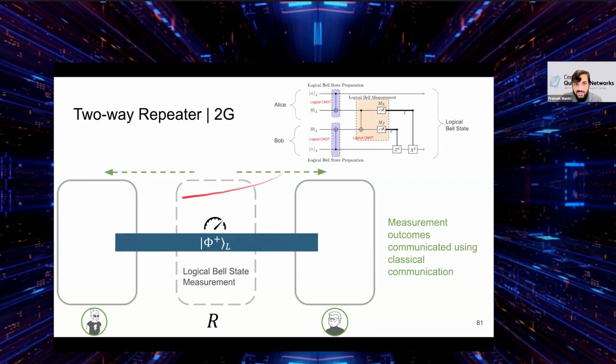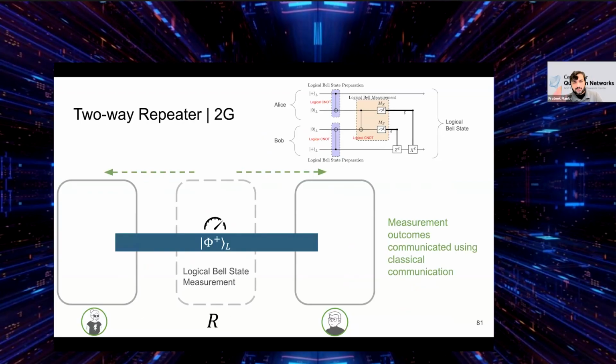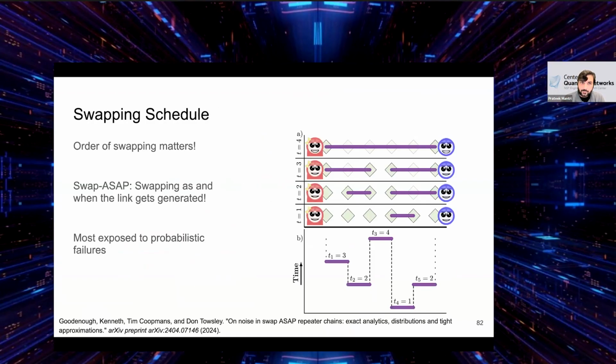And once we communicate these measurement results to both Alice and Bob, we get this logical Bell state, which is shared between Alice and Bob now. So this is what is called the second generation or the two-way repeater schemes.